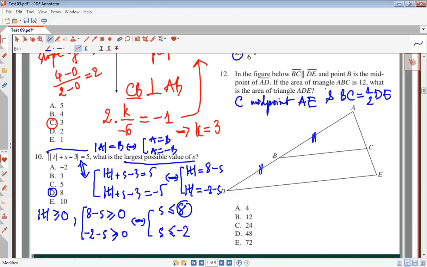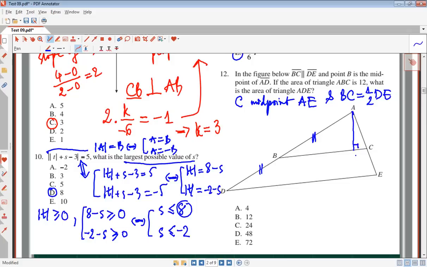If the area of triangle ABC is 12, to calculate the area of the triangle, we need to draw the height of that triangle. For example, from the point A we draw a line which is perpendicular to BC.